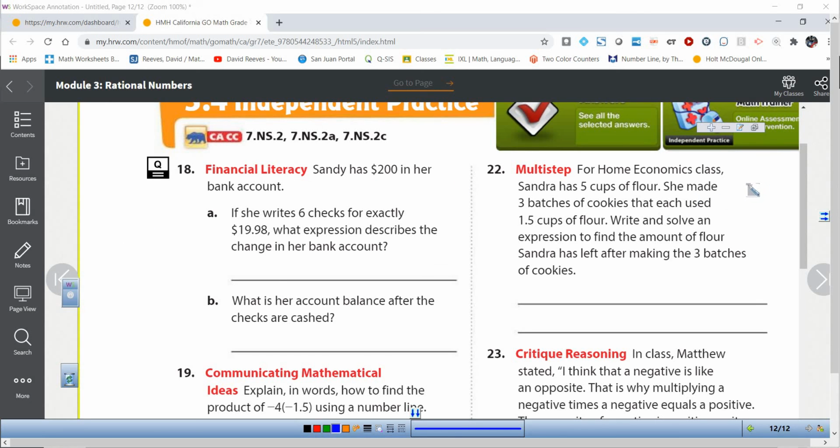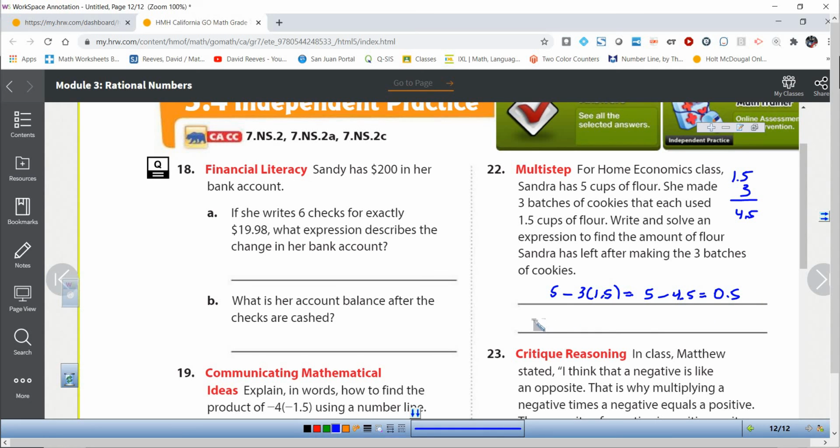All right, so she made 3 batches of cookies that were 1.5 cups each. Well, 3 times 1.5 is going to give me 4.5 cups. All right, so we're going to have 5 minus 3 times 1.5, which is 5 minus 4.5, which is 0.5.